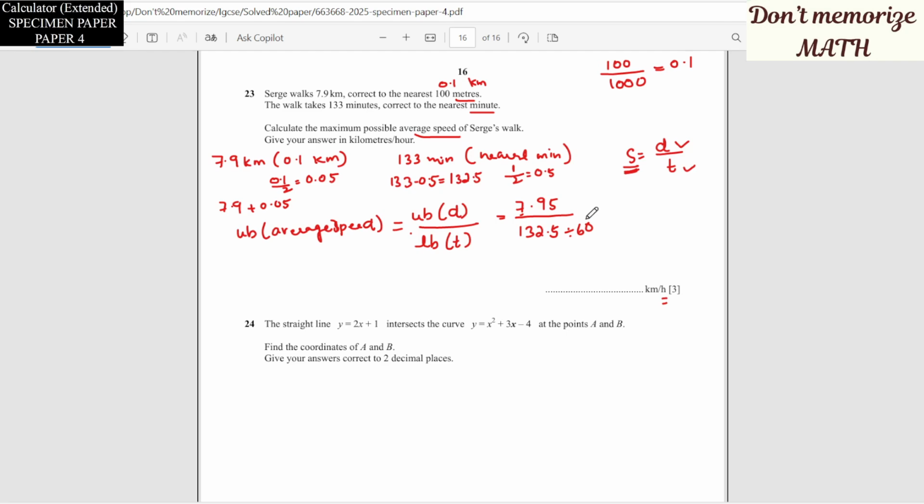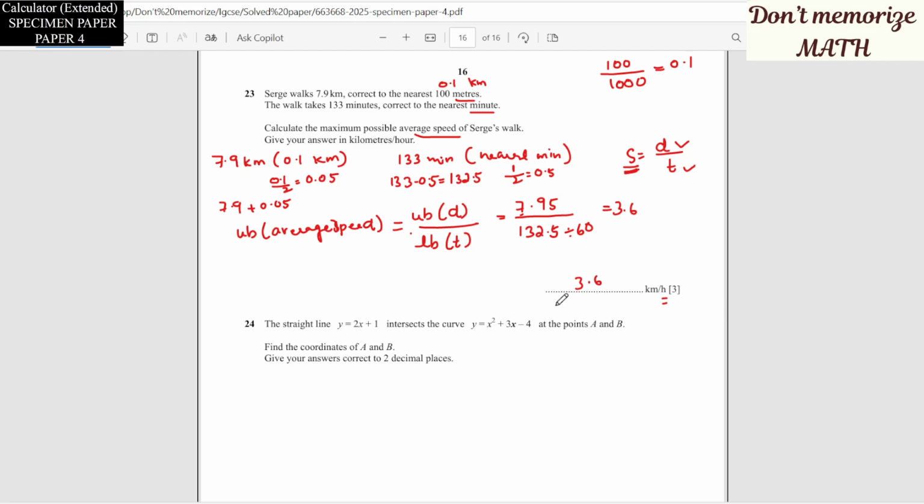Either you can change it to a mixed fraction, that is 3 and 3 over 5, otherwise you can change it to a decimal. This is a calculator paper, so you can change it to a decimal, that is 3.6 kilometers per hour.